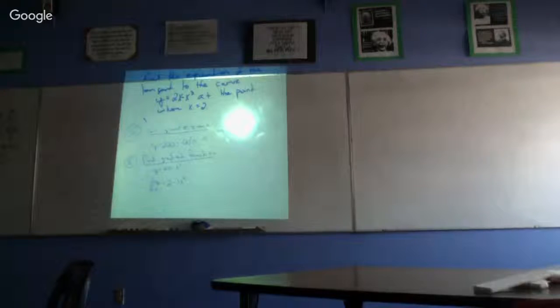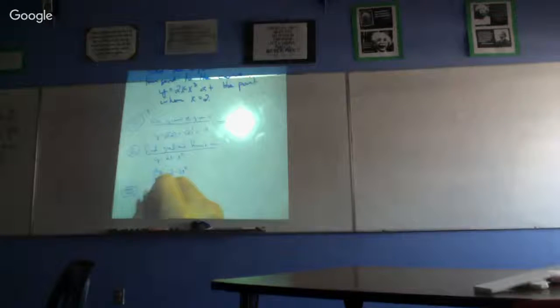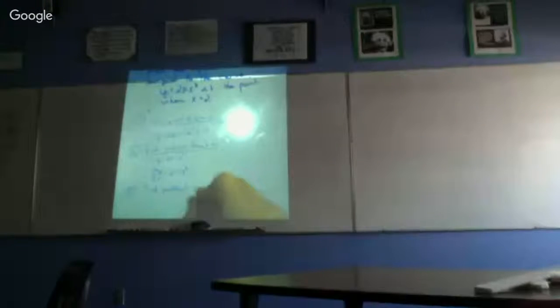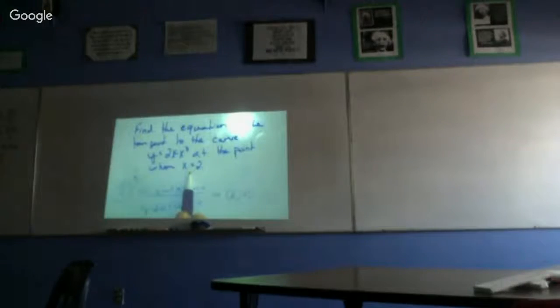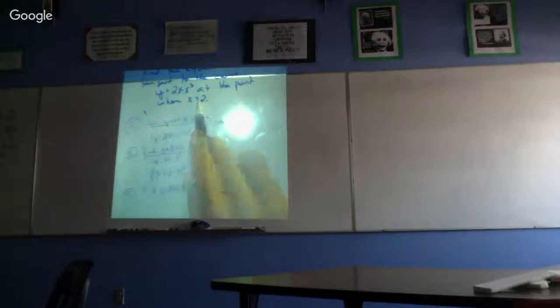Now we're going to use this because we have to find the gradient when x equals 2, because that's what we were given. We have to find the equation of the tangent when x is equal to 2. So that's our x.